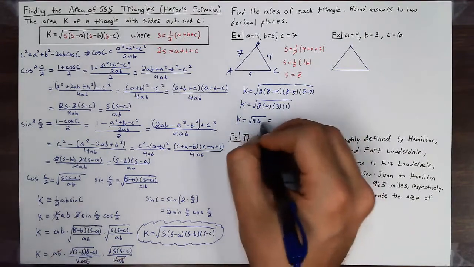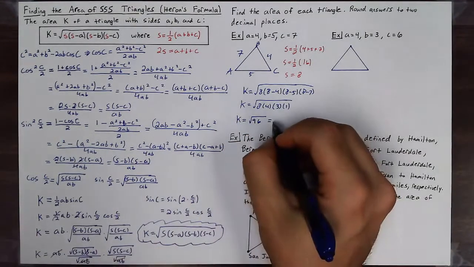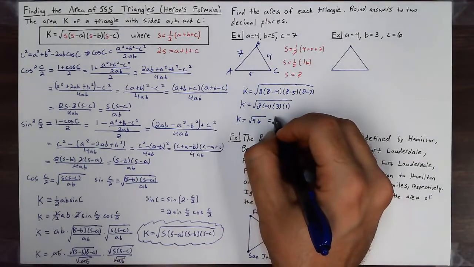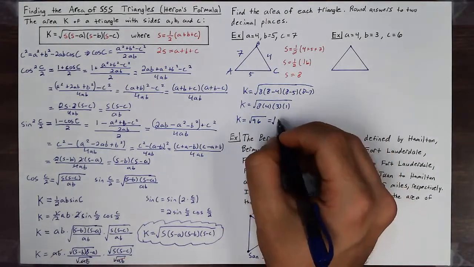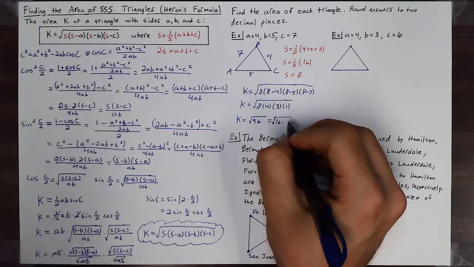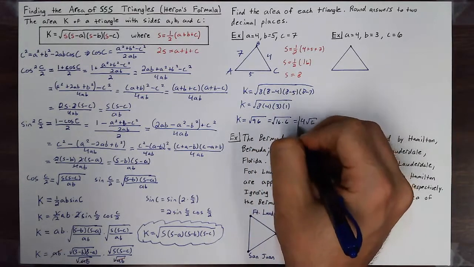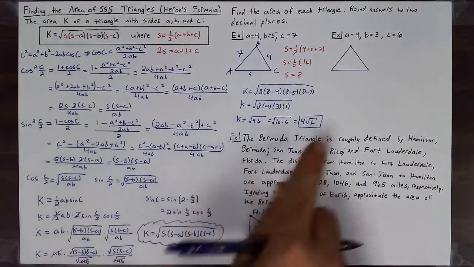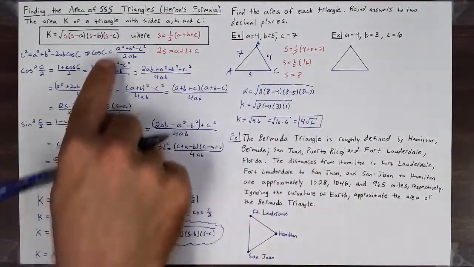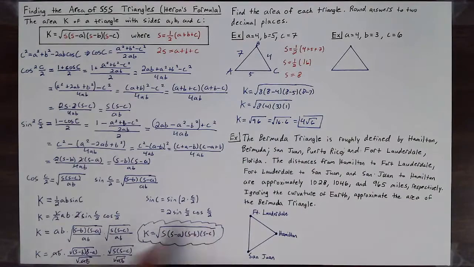And then this radical can be simplified by thinking of it as 16 times 6. So 4 square roots of 6 for the area. But how easy was that once you just knew where that formula came from? It's pretty interesting. Let's try it again.